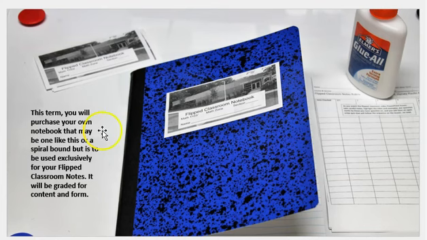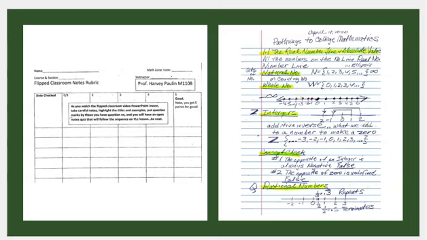In this one, I've purchased these little composition books, put a label on it, put a rubric in front, and then give them to the student at no charge. It's my little gift in a sense, so we have a little bit of uniformity. This is the rubric, and what it says is you are to take detailed notes prior to coming to class, and that these notes will be used for an open notes quiz.